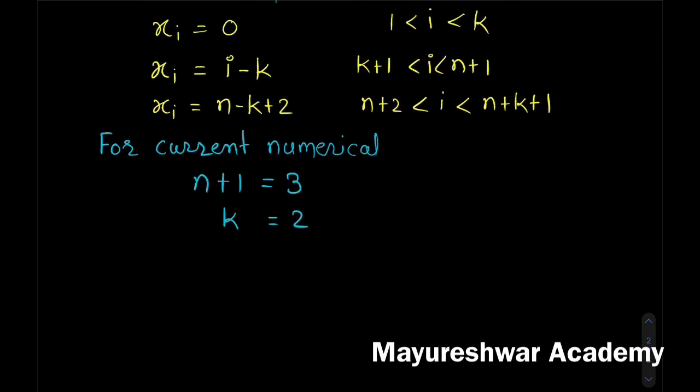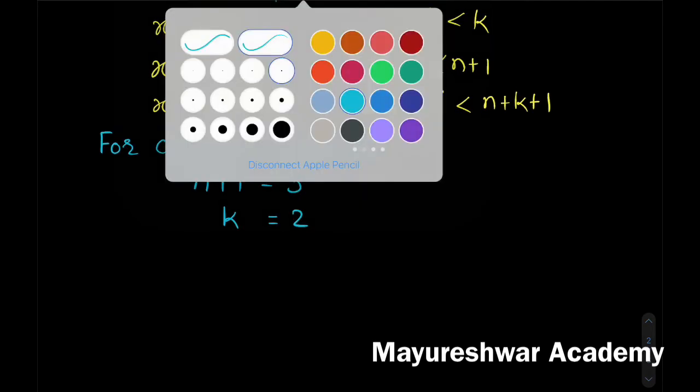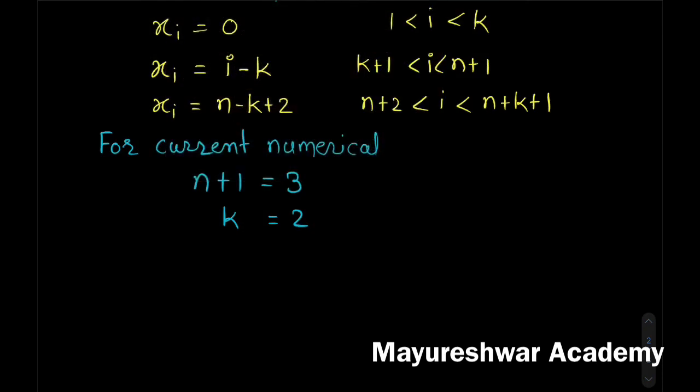K is the second order, which we have chosen for demonstration purposes. From the first equation of x_i, k is 2, so i will be 1 to 2. So x1, x2 is 0, from the first equation on the top.